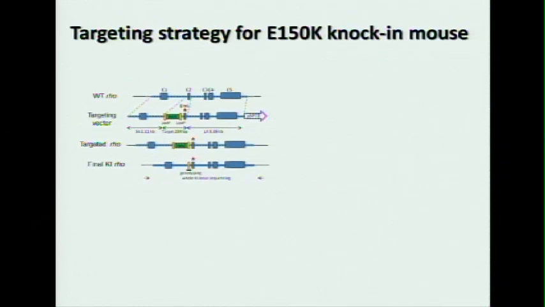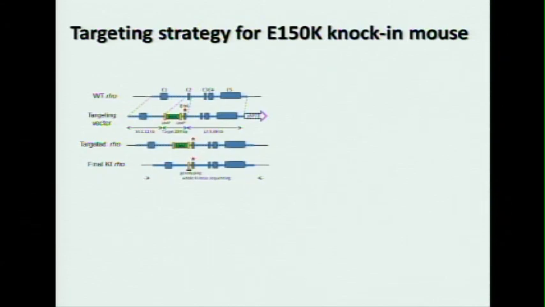In this mouse, the wild-type rhodopsin allele was replaced by the E150K mutant rhodopsin, with a loxP neomycin cassette inserted in front of exon 2.